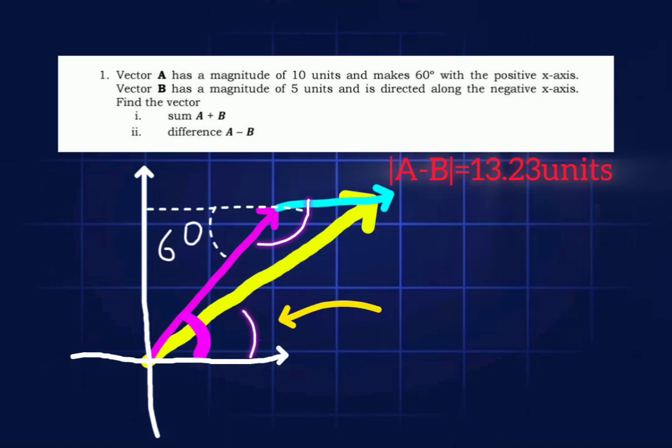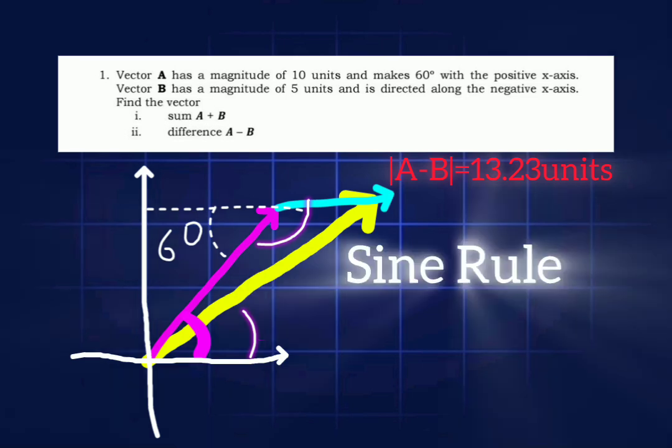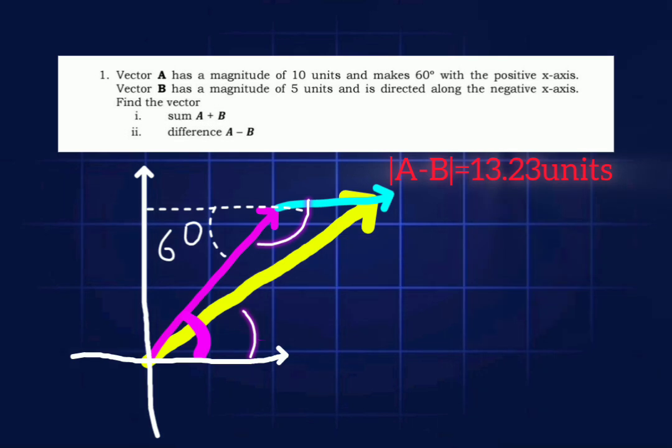Now let's find the angle with respect to the positive x-axis. In order for us to do that, we need to utilize the sine rule. If we look at this very carefully, we already saw that the angle from here to there is 60.